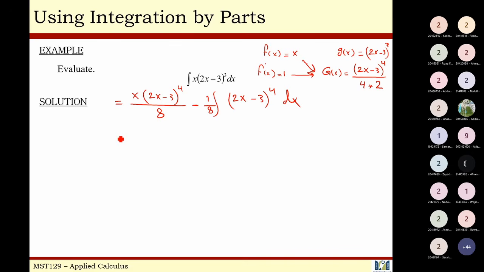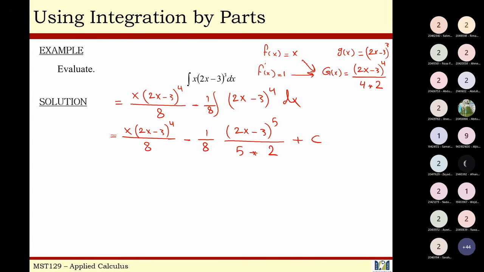Now this is the same: x (2x minus 3) all to the power 4 over 8 minus 1 over 8, and this equals (2x minus 3) to the power 5 over 5 multiplied by the coefficient of x, plus c.